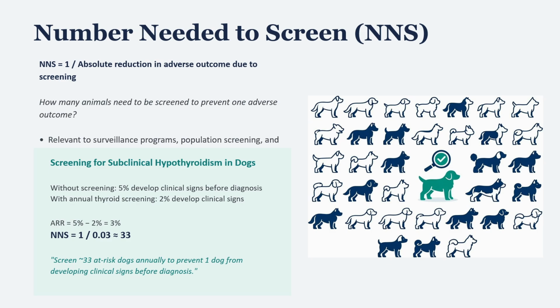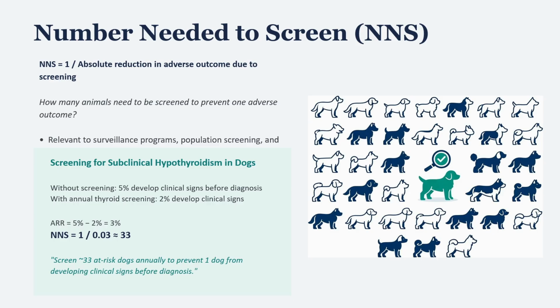In our hypothyroidism example here, without annual screening, 5% of at-risk dogs develop clinical signs, weight gain, lethargy, skin changes, before a diagnosis is made. With annual thyroid screening, that number drops to 2% because early detection allows earlier treatment. ARR is 3%, so NNS is approximately 33.